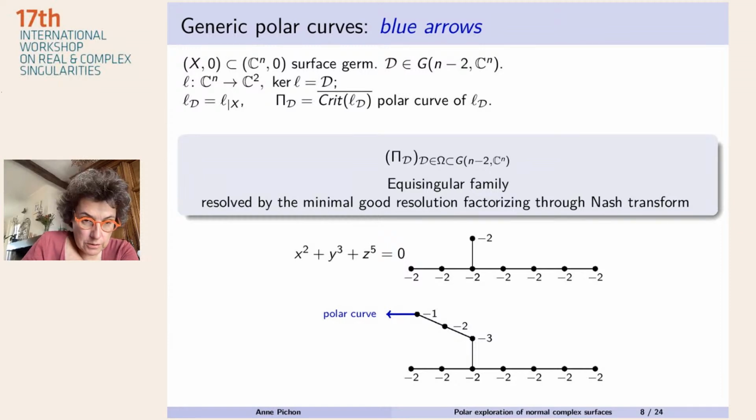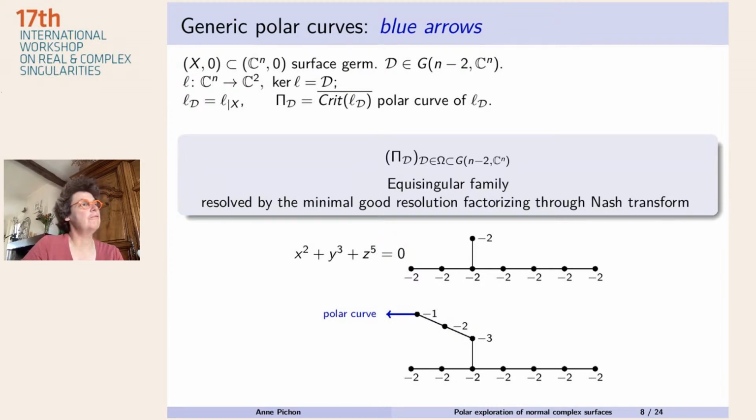So you get the second graph on which I draw the polar curve, which has a single irreducible component. I draw the strict transform of the polar curve by an arrow on the graph, a blue arrow. So in the sequel, the generic polar curve will be in blue.